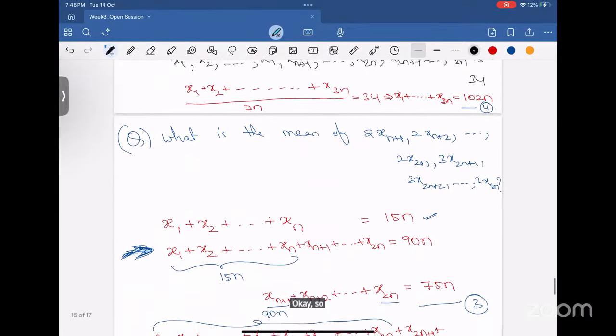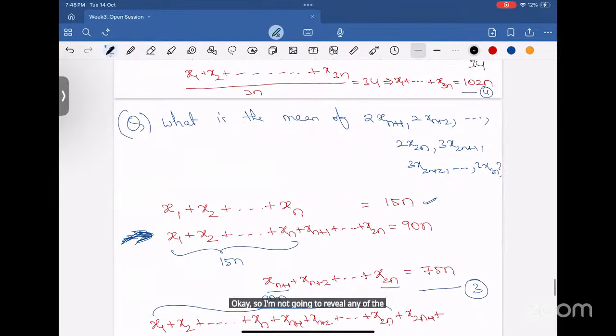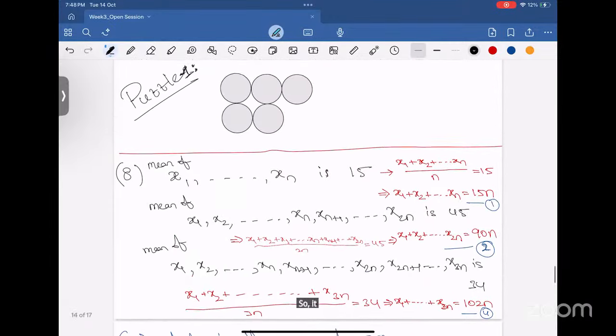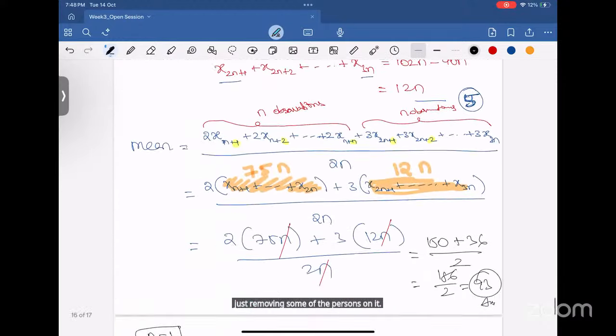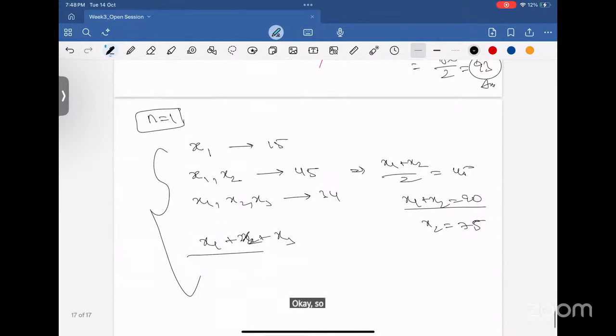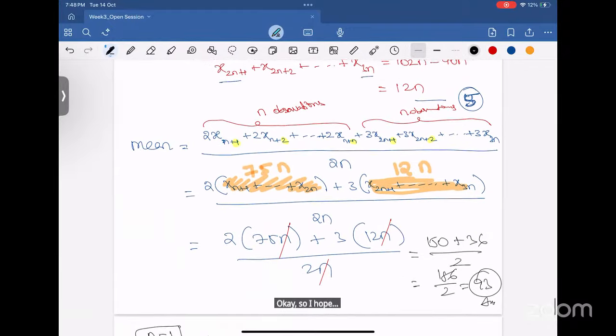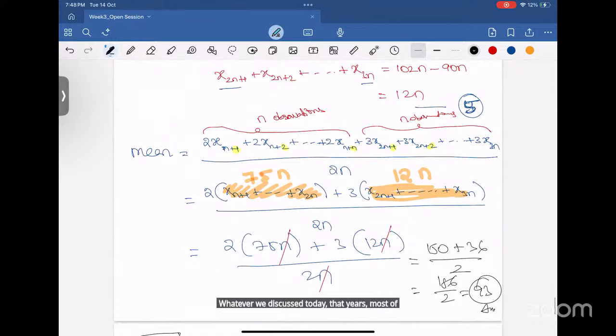I'm not going to reveal any of the puzzle solutions. It is up to you to figure it out. Maybe after quiz 1, if we are relaxed a bit there, I'll reveal some of the puzzle solutions. I hope whatever we discussed today clears most of the doubts in week 3, and we'll meet next week.